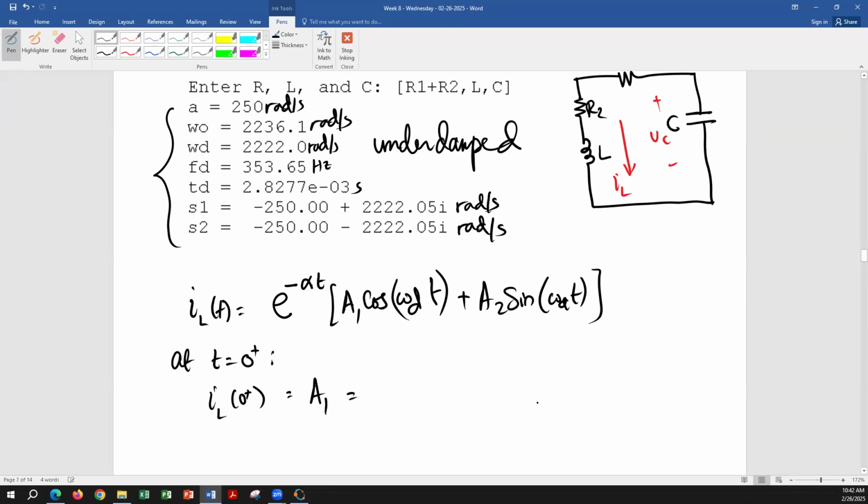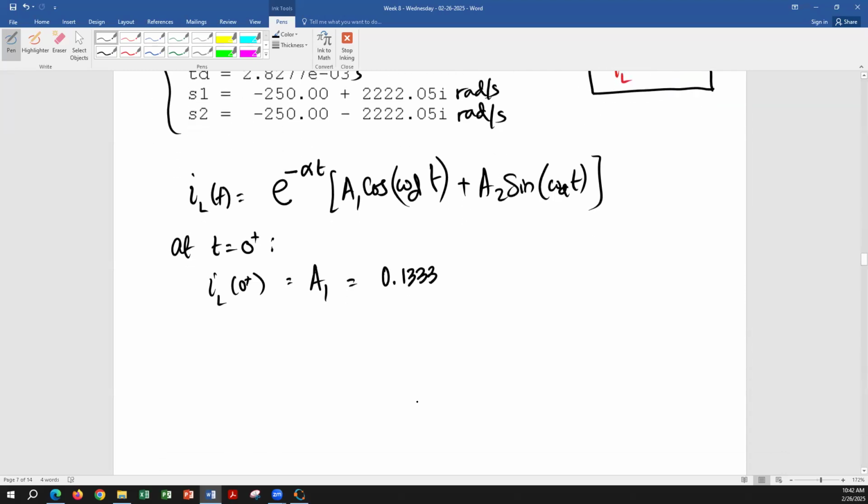So a1 will be equal to IL0 positive, and the value of IL0 positive that we calculated is 0.133, which is a1. And now we are going to differentiate the current and then evaluate again at 0 positive.